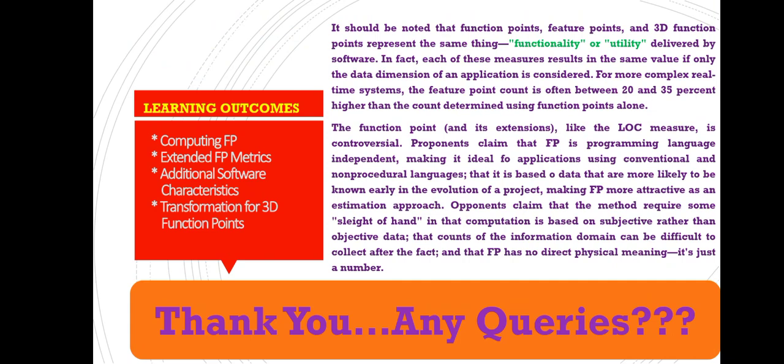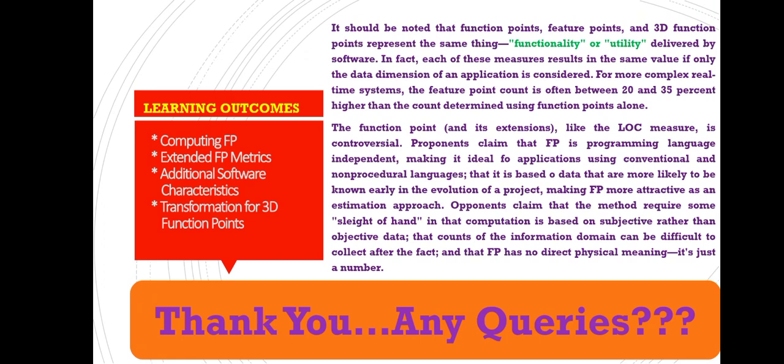Let us consider the concluding part of software measurement. It should be noted that function points, feature points, and 3D function points represent the same thing, the functionality or utility delivered by the software. In fact, we get the same value for all the measures if only the data dimension of the application is considered.